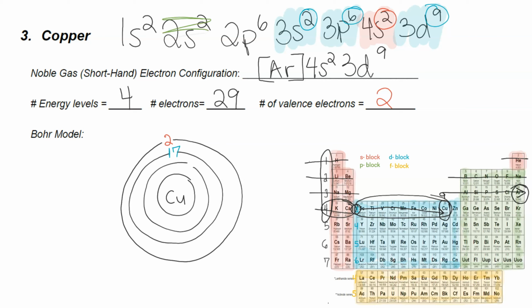We have 2s2, whoops, wrong marker that time. Try that again. We have 2s2 and 2p6. So that's 2 electrons plus 6 electrons for 8 in energy level 2. And then last but not least, we have energy level number 1. And we just have this 1s2, so there'll be 2 electrons in energy level 1.